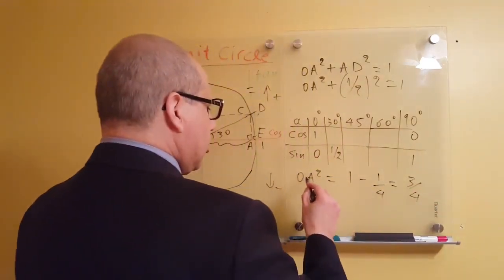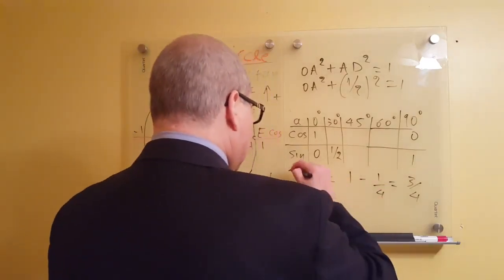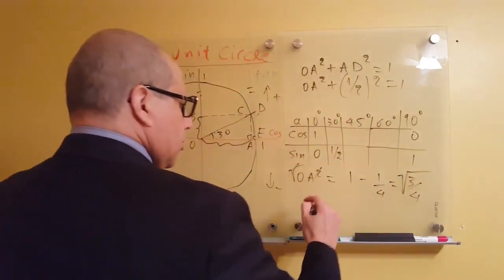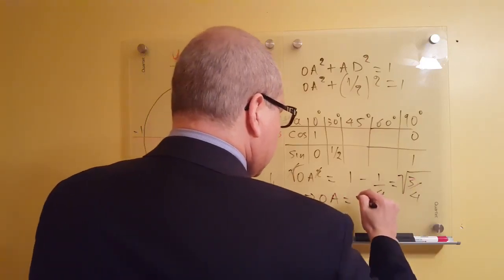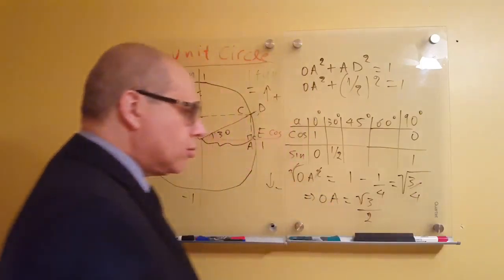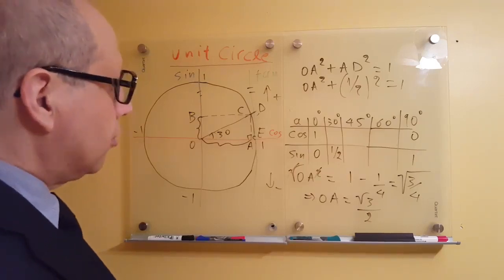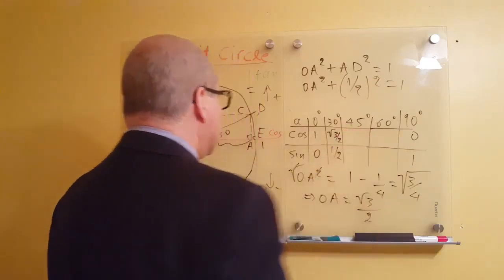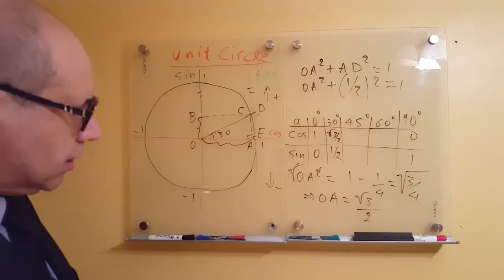So OA square is equal with 3/4, and if you take the square root on both sides, OA is equal with square root of 3 over square root of 4. You can break this root here, and of course the square root of 4 is 2. So that's the cos of 30 degrees. It's square root of 3 over 2, okay? So you see how beautiful we find it.